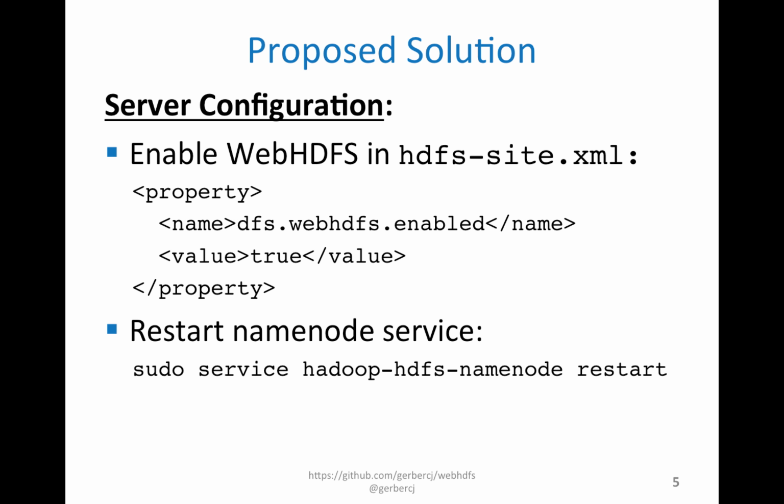Once we've set the configuration appropriately, we then need to restart the name-node service. We do this as root, so the command to do this would be sudo service hadoop-hdfs-namenode restart. This will stop the running service and start the service again, loading the new configuration file.